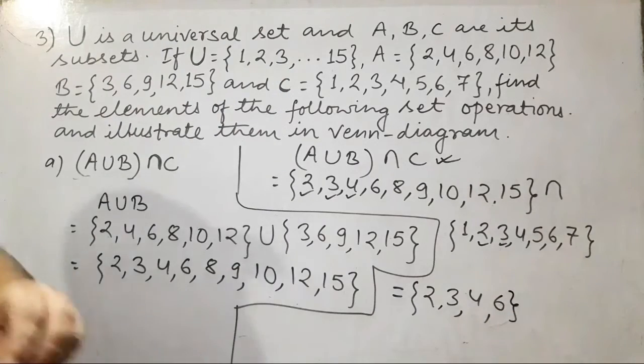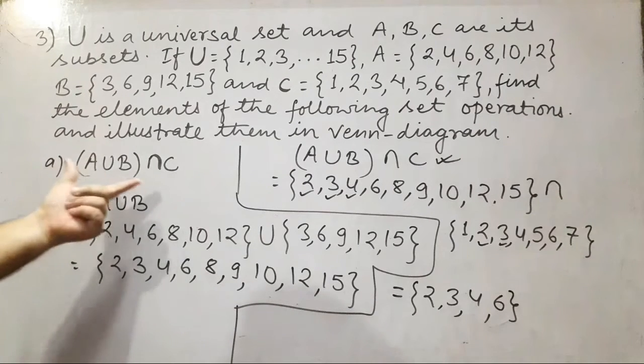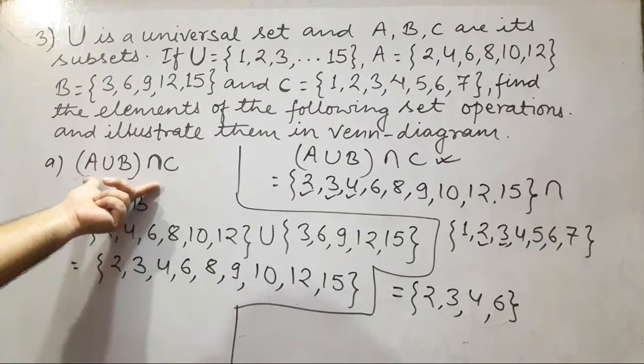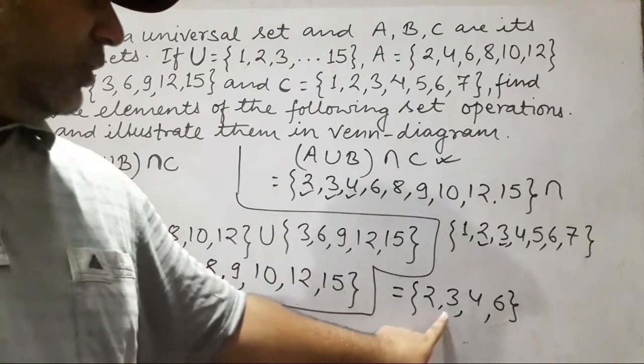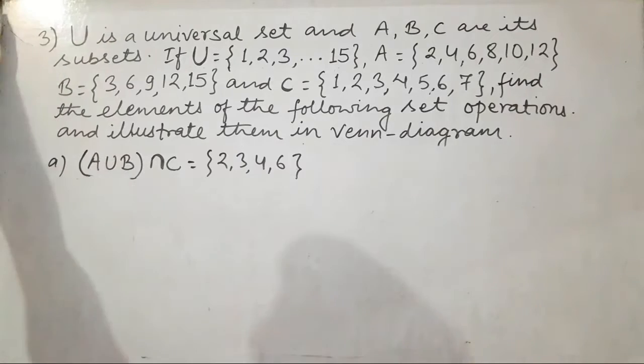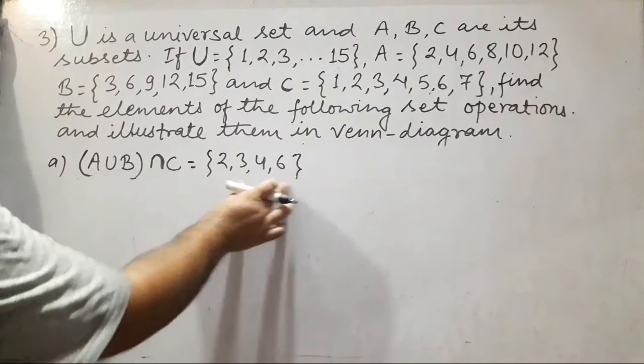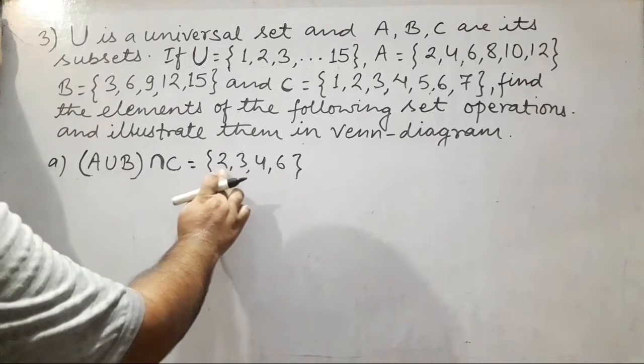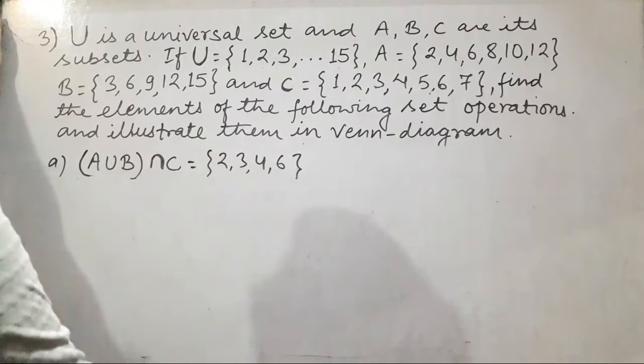So 2, 3, 4, 6 are the elements lying in this set operation. So A union B intersection C has the elements 2, 3, 4, 6. I have already written the answer of this set operation.